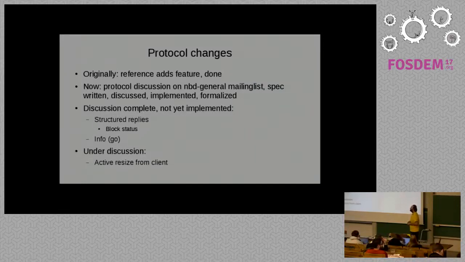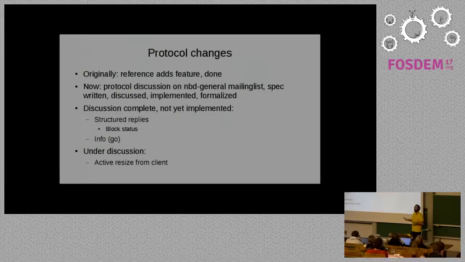And there's also a second one, which is the info and go thing in the negotiation phase. Currently, if you select a named export, but the export name doesn't actually exist, there's no way for the server to say that other than to drop the connection, and Info and Go try to fix that by making that a bit more generic.